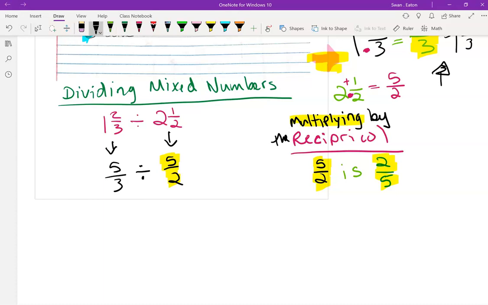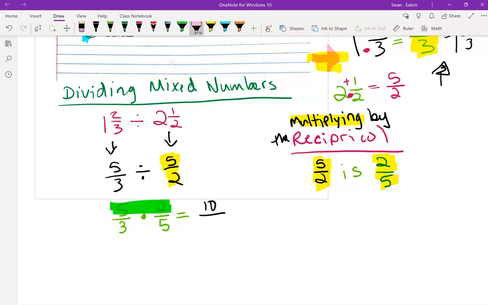So now we have to rewrite this problem. It's going to be 5 over 3 multiplied by the reciprocal of 5 over 2, which we know is 2 over 5. And then you just multiply. You know already that you multiply the top straight across, which is 5 times 2 is 10.